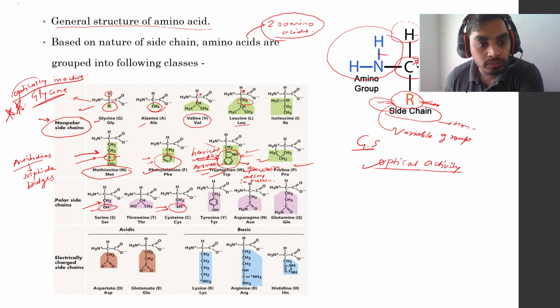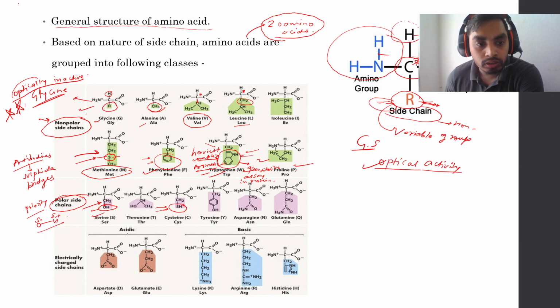Sorry, next classification is the groups that have polar side chains, that means they have polarity. In case of OH, oxygen is more electronegative than hydrogen, so there would be a partial negative charge, and there will be a partial positive charge. So this one is a polar group.